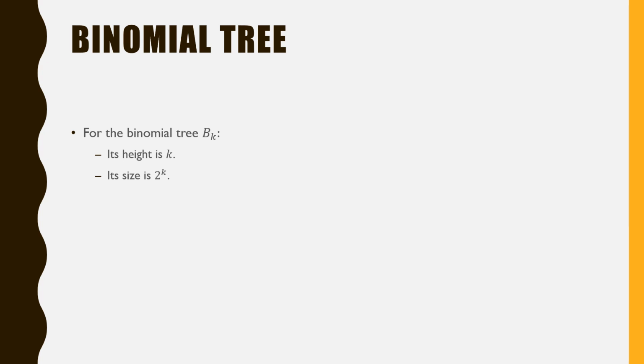Based on the definition of binomial trees, we can identify two important properties. First, the height of a binomial tree Bk is k. Second, the size of a binomial tree doubles each time its height increases by 1. Hence, the size of binomial tree Bk is 2 to the power of k.